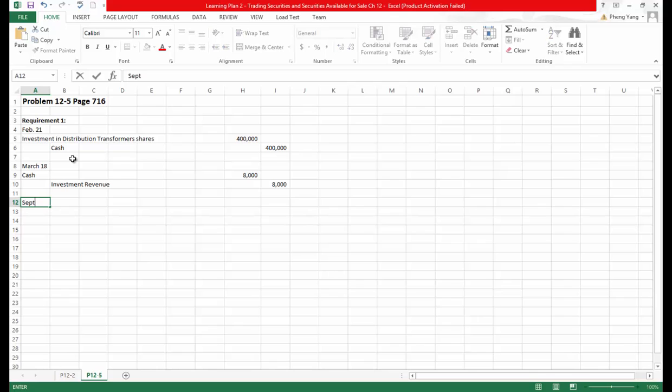On September 1st, they acquired $900,000 of American Instruments 10% bonds at face value. So once again, investment in American Instrument bonds, and we paid cash for $900,000.